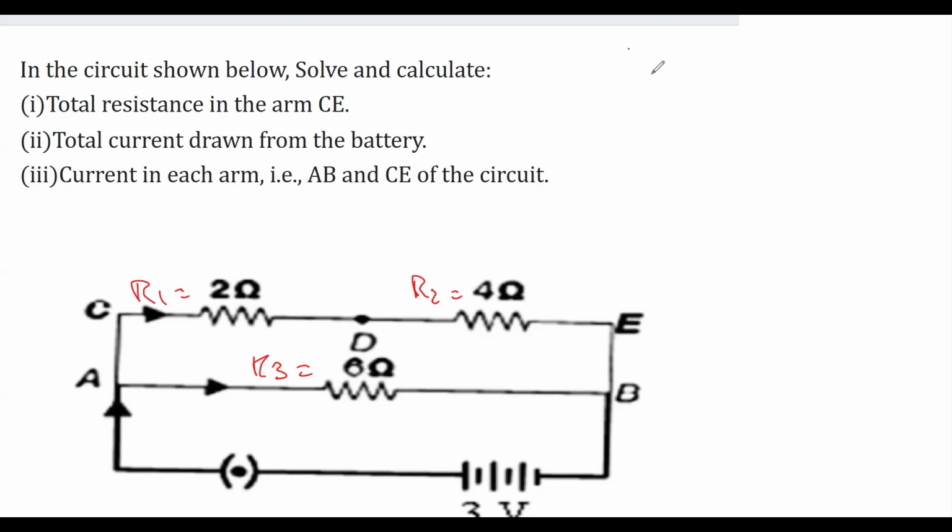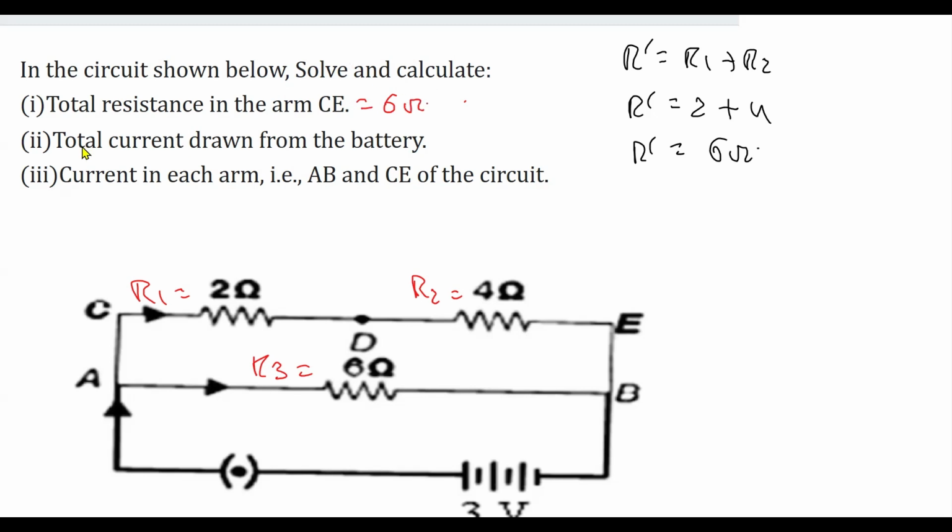Let's keep some space here. So R dash will be R1 plus R2. R1 is how much? 2 ohm, and R2 is 4. So R dash is how much? 6 ohm. So that should be the answer for the first part. That is, this is 6 ohm.